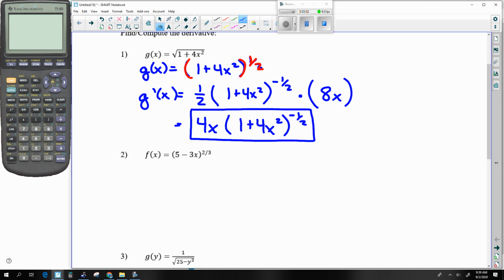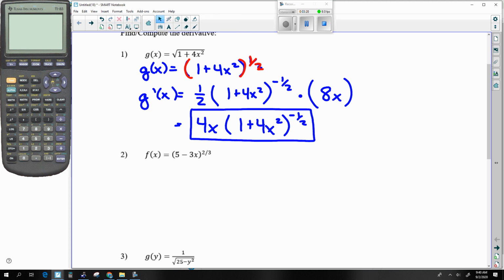Now, here's the last bit that I was mentioning before. If you see this problem on an answer key, this absolutely is not going to be the answer. What they're going to do is try to turn these things into roots and denominators where applicable. So they'll turn it back into kind of like math writing.